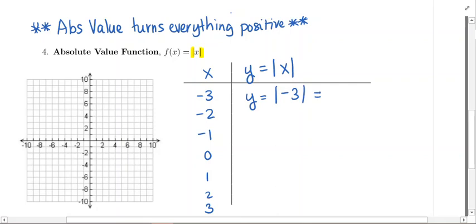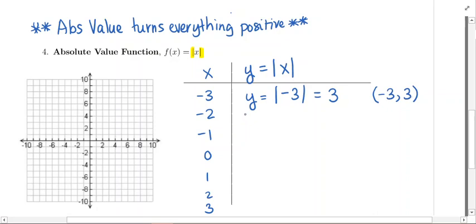So you are taking the absolute value of a negative number. So the absolute value is just going to turn it positive. The absolute value of -3 is +3. So the point you're going to plot is if x is -3, the output is going to be +3. That's how this works.